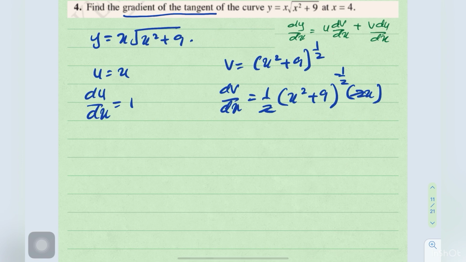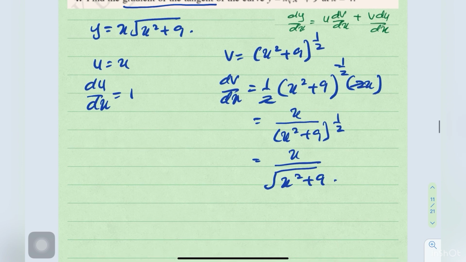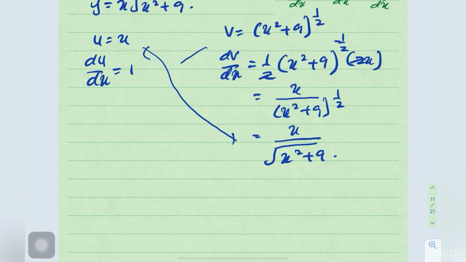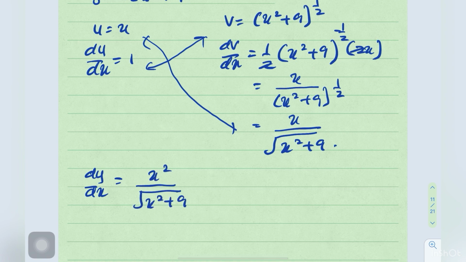We simplify, we get x over (x squared plus 9) to the power of half, or x over square root of x squared plus 9. So this one is u dv/dx, v du/dx. So dy/dx equals x times x is x squared over square root of x squared plus 9, plus this one, the power of half, square root of x squared plus 9.